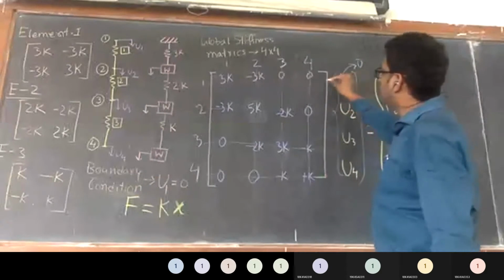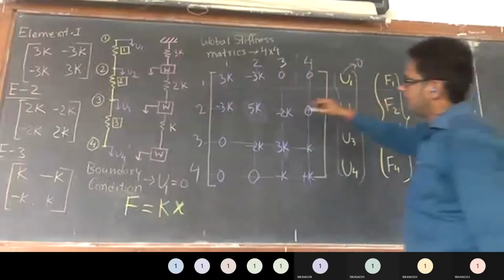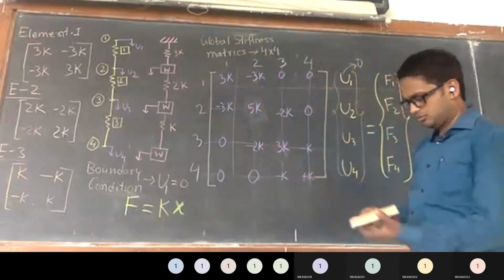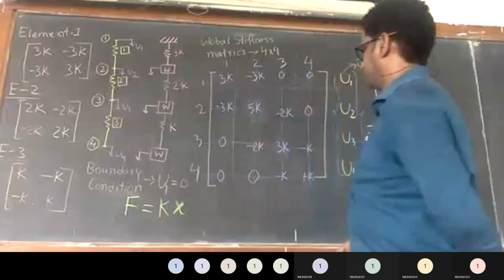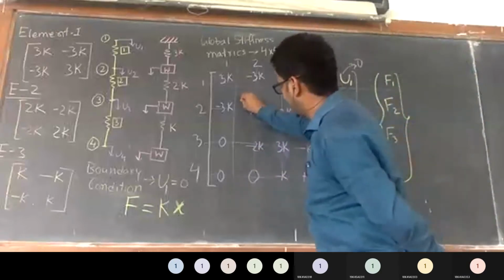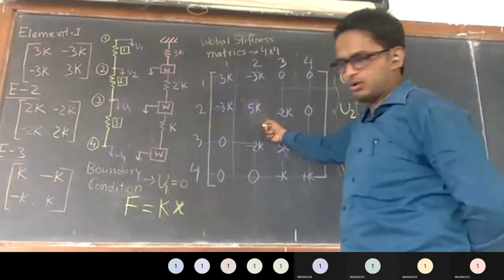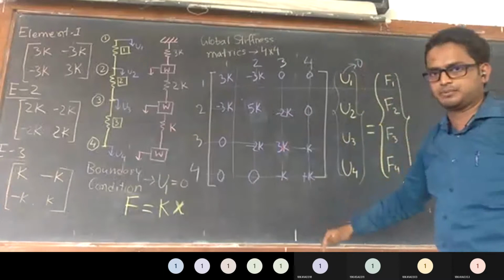So what we will do, we will cancel this first row and first column. So what will be left with you? You will be left with a 3 cross 3 matrix. I am writing over it only, but when you write in your exam, you have to write it as a next step.